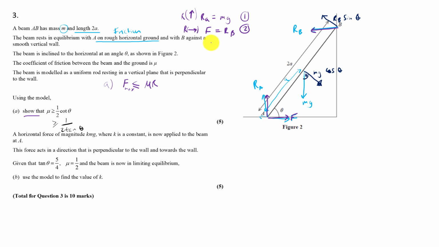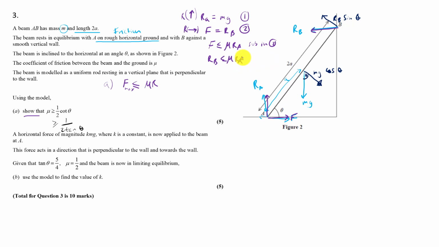Now we have to say that F is less than mu RA. Now we sub in 2, so F is in fact RB, we get RB is less than mu of RA.